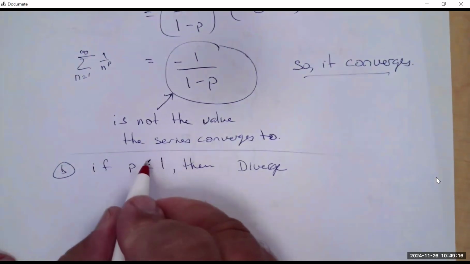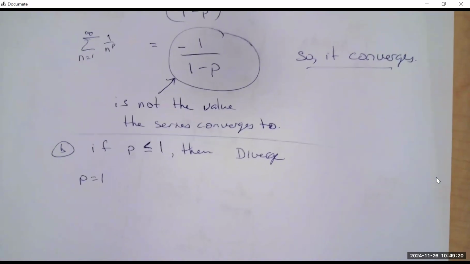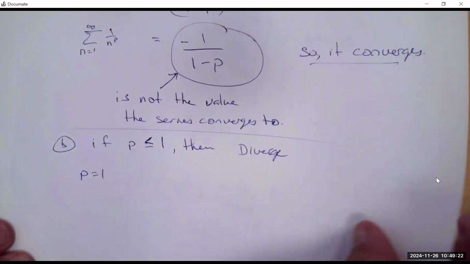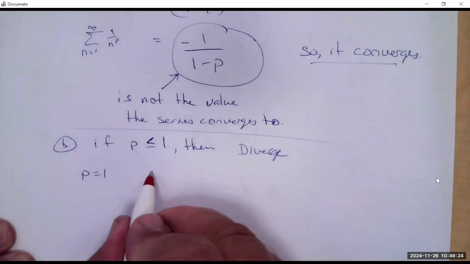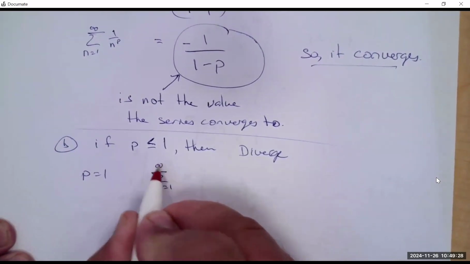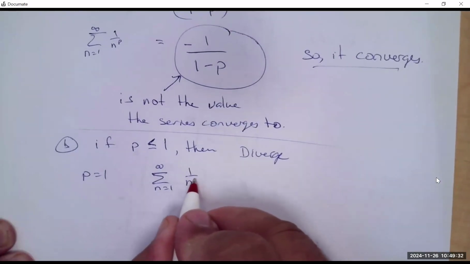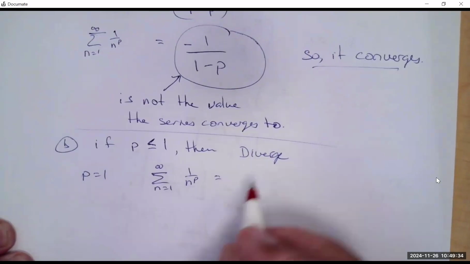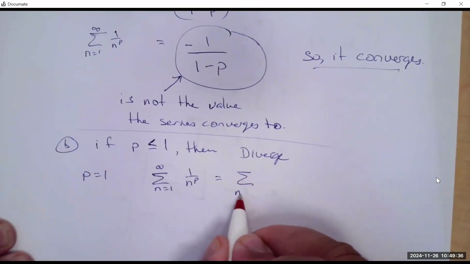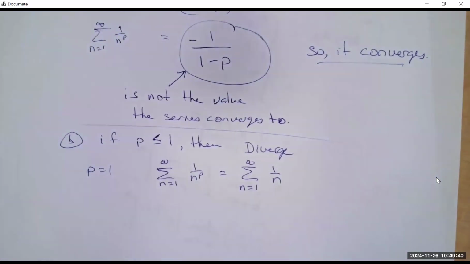Well, because it says less than or equal to 1. What happens when it equals 1? Have we seen that equation before? The summation as n goes from 1 to infinity of 1 over n to the power p. So if p equals 1, we have 1 over n. We just did that one earlier.